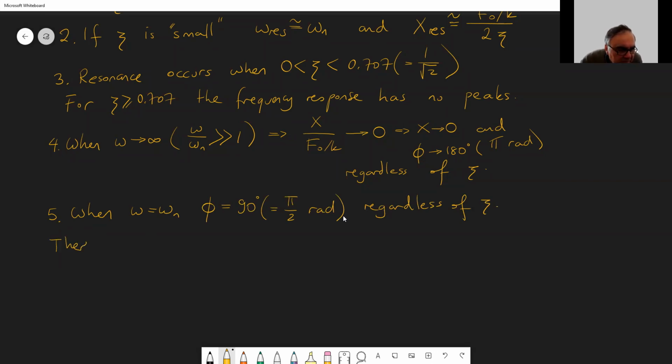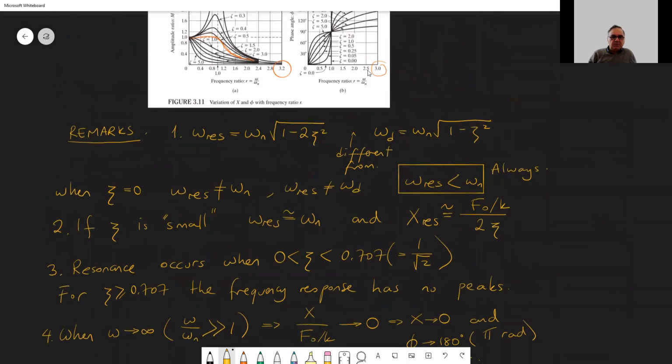Which means that there is a 90 degree phase shift between the force and the motion.